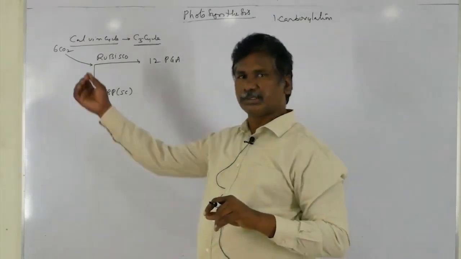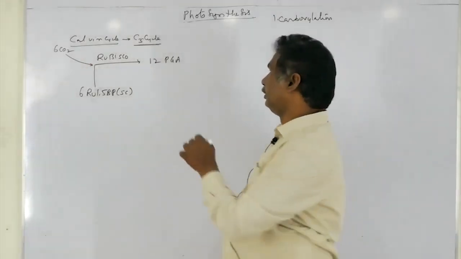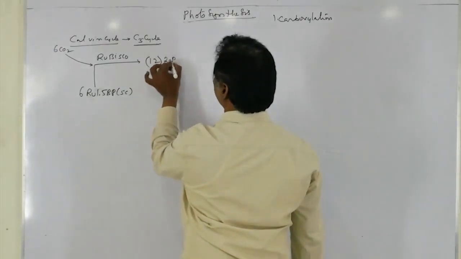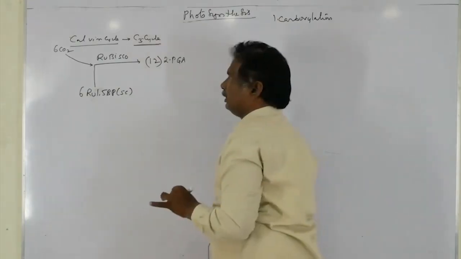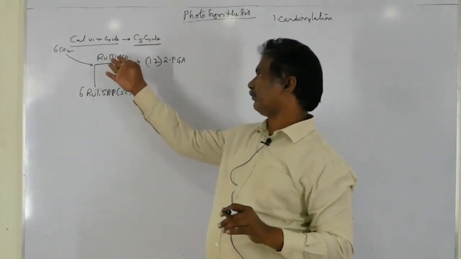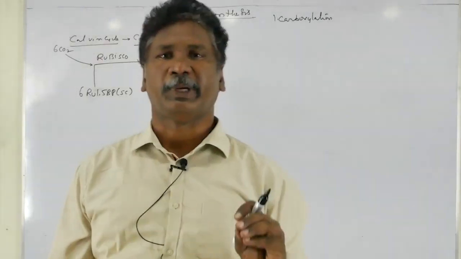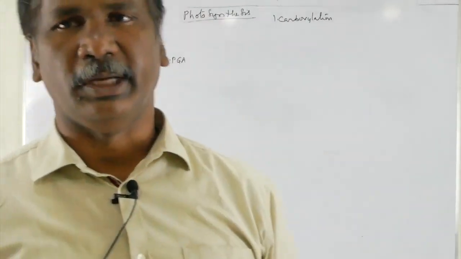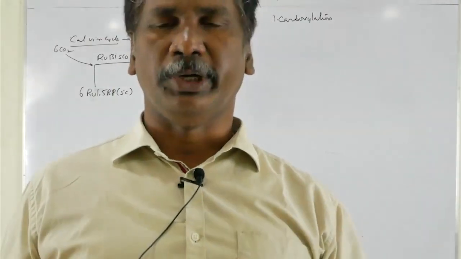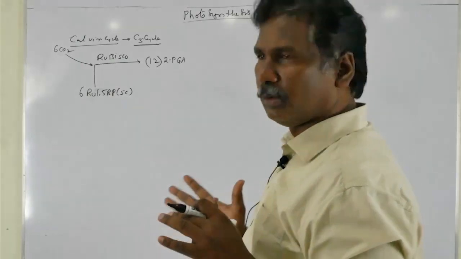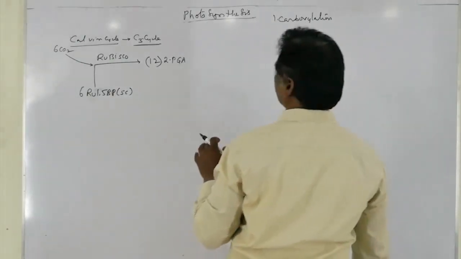It accepts the CO2 and produces 12 molecules of 3-phosphoglyceric acid in the presence of the enzyme Rubisco, ribulose 1,5-bisphosphate carboxylase oxygenase. It is the most abundant protein in the world, or in the plant kingdom. That is Rubisco. So this is the carboxylation.